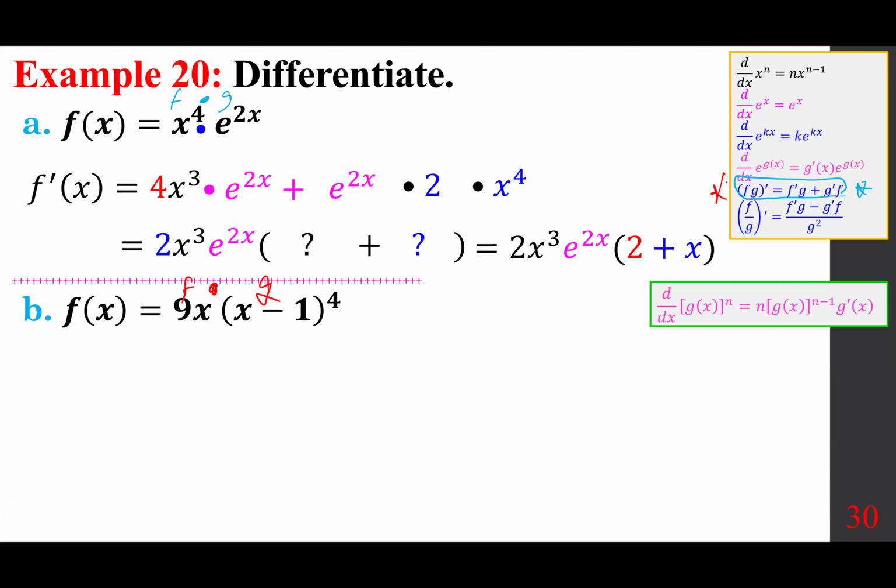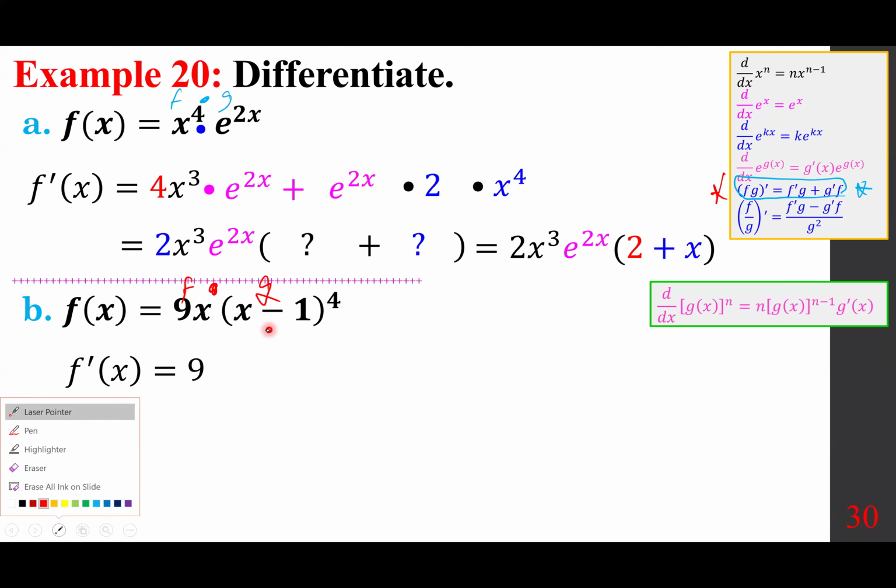times g, and again, we're going to use the product. So f prime is 9 times g, which means x minus 1 to the power 4, plus g prime.